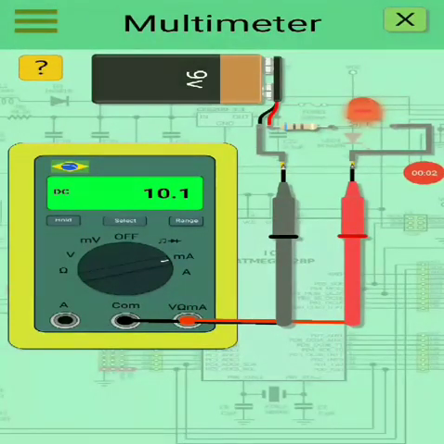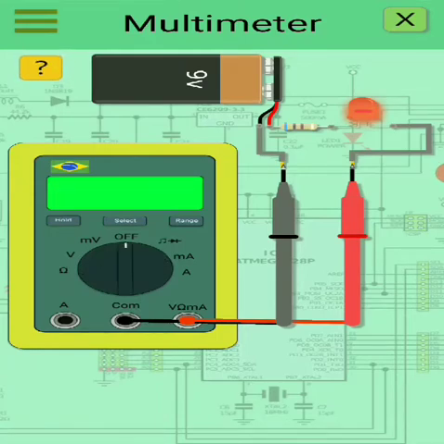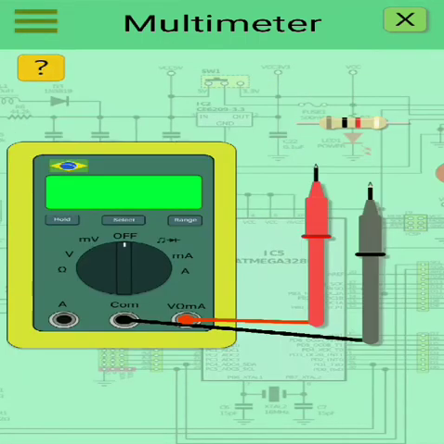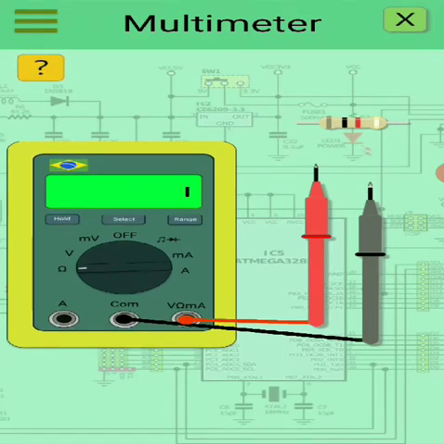Next, we find the resistance of a resistor. This is a resistor. We need to find its resistance. First, we move the pointer of the knob towards the ohm point.